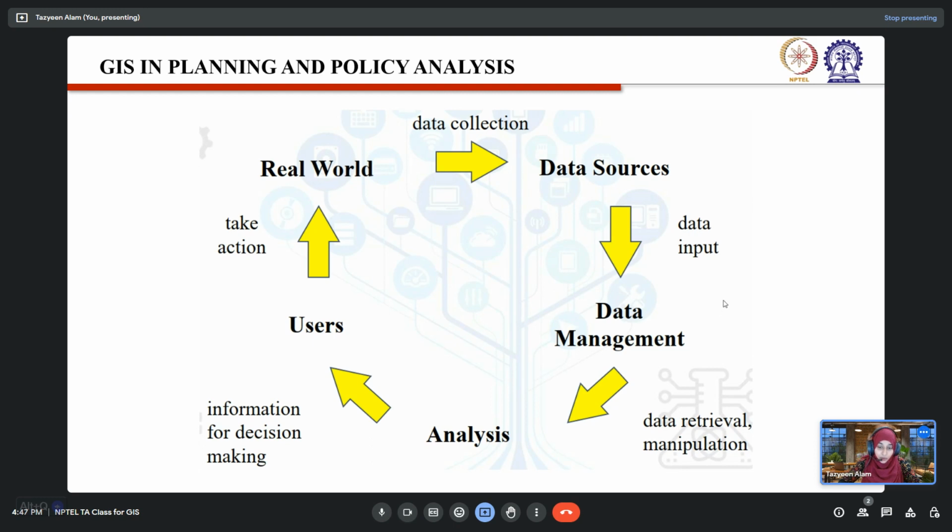Our data is inputted in that DBMS, and then we have data retrieval or manipulation, after which we are able to perform our data analysis. Now we have information for decision making after we have analyzed the data. So it is released to the users and action is taken in the real world.